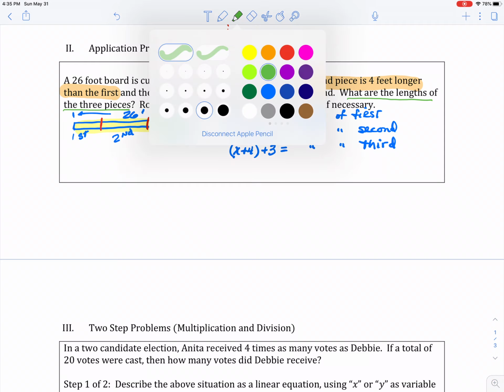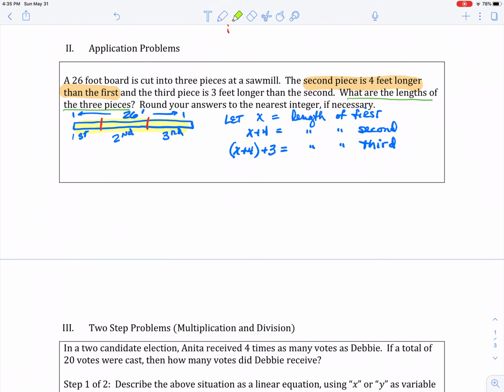And then it goes on to say, and the third piece is 3 feet longer than the second. So this X plus 4 is the second, and then I'm adding 3 more onto that to represent the length of the third. All right, so now I'm ready to put it all into an equation.